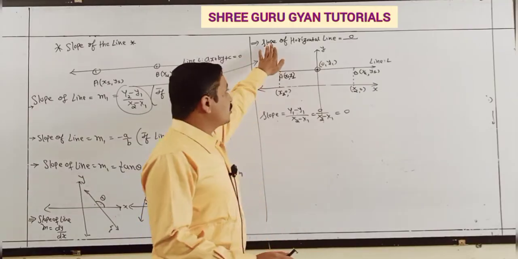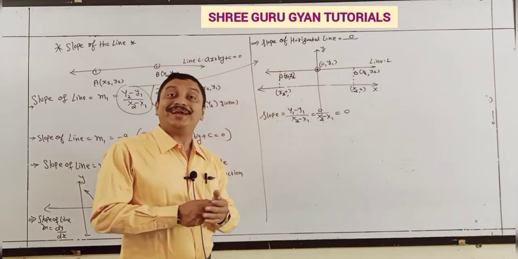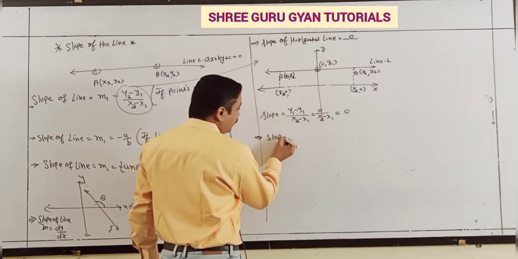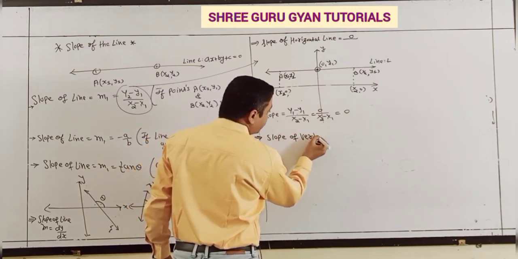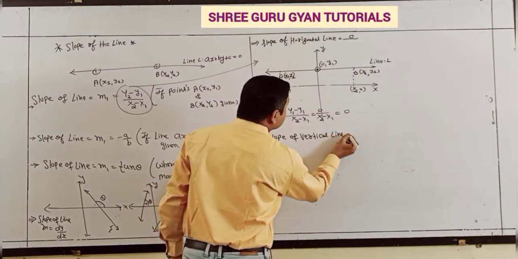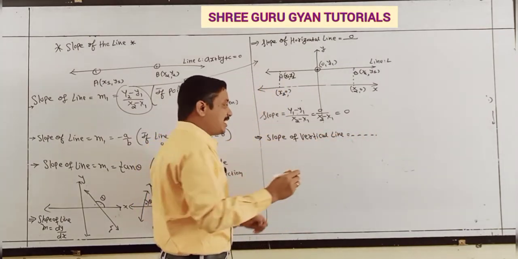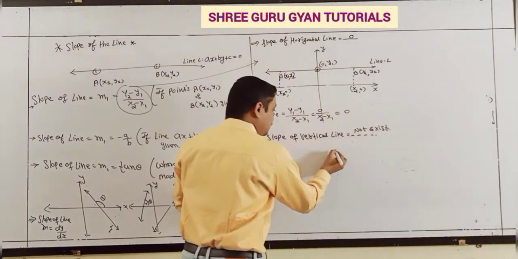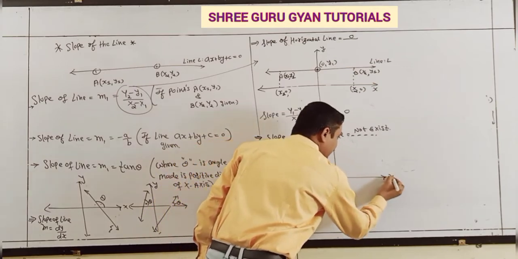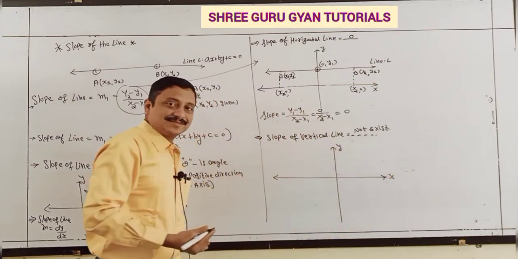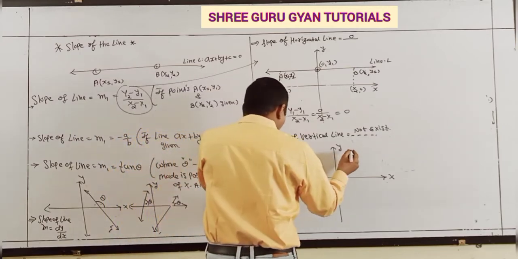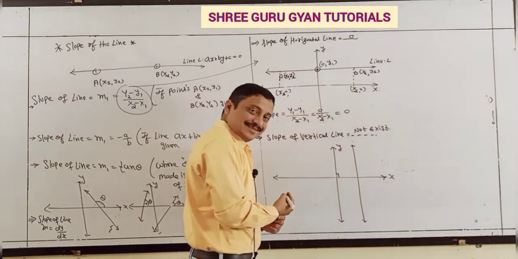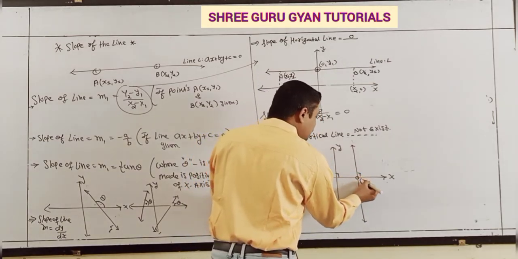Now students, same as the slope of a horizontal line, now I go into the slope of a vertical line. That also you should learn by heart for easy calculations. The slope of a vertical line is always not defined. Yes, it does not exist, because again we draw the x-axis, y-axis, and a vertical line means parallel to the y-axis. Here the points are, consider, x1 comma 0.